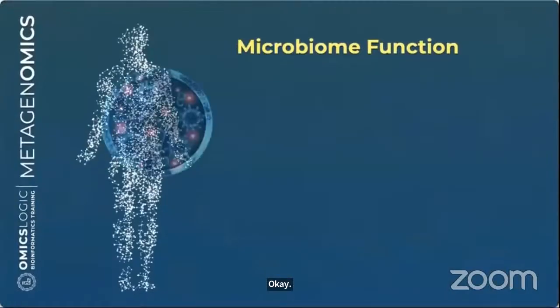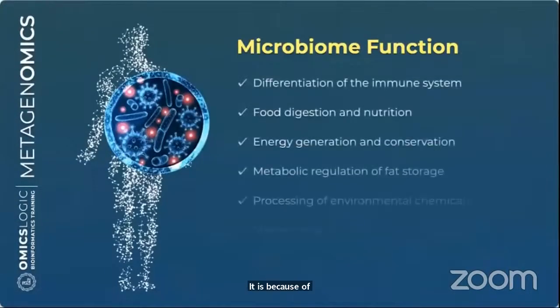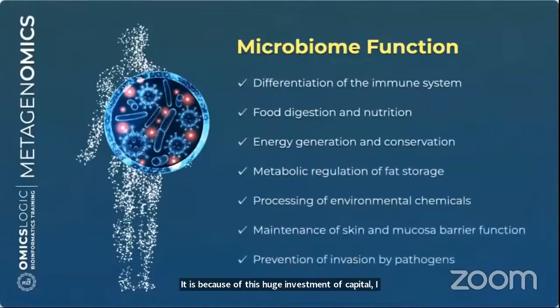It is because of this huge investment of capital and this huge availability of microbiome and metagenomics data that today we know that the endogenous human microbial communities contribute to several important metabolic, physiological and immunological functions, right? They include maturation of the immune system, food digestion, energy generation, and nutrition extraction in general.